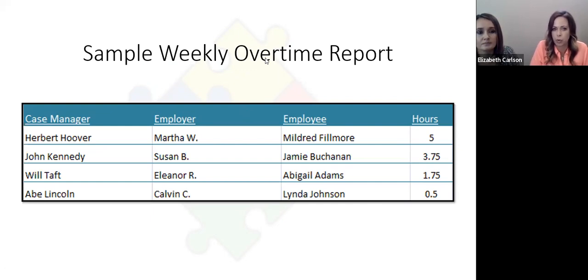But if you're getting this report every week and the same people are showing up, we would really hope the case manager would reach out to the family and investigate what's happening with their services that's causing them to have to schedule staff in excess of 40 hours a week, because the budgets just do not support continued overtime.